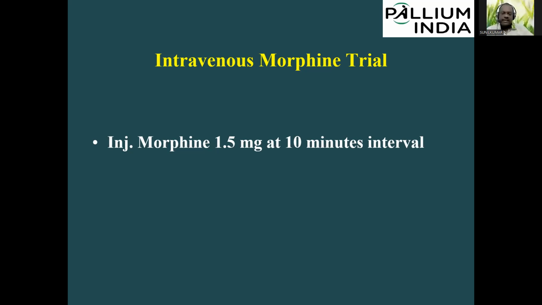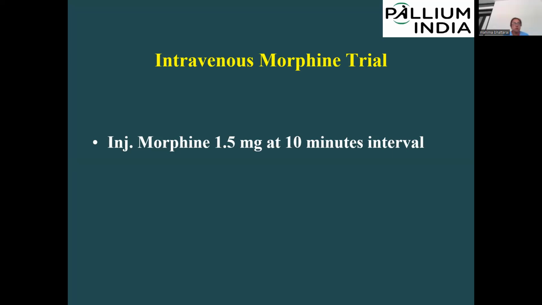Do you expect any immediate side effect from administering injection morphine? Respiratory depression, but that is not a very common side effect. Anything else? Pupil constriction, but that is not an immediate side effect.